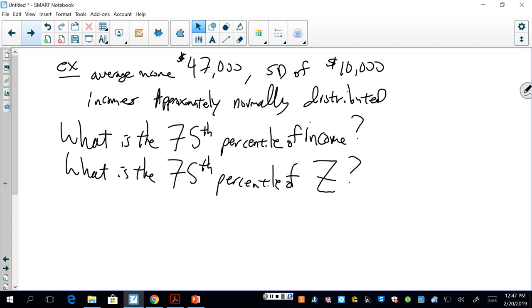The z values are on the outside edges and probabilities are in the middle, like cumulative probability. So we want to find the cumulative probability that's about 75%. Can you search through these pages here and find the place that is going to be the 75th percentile?